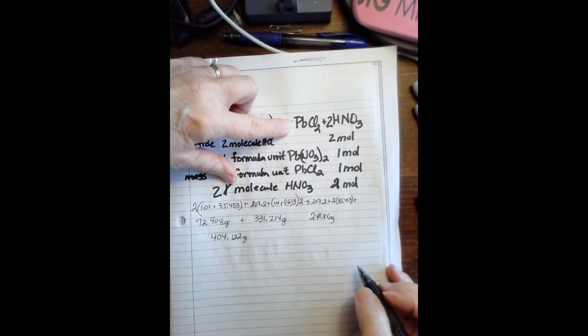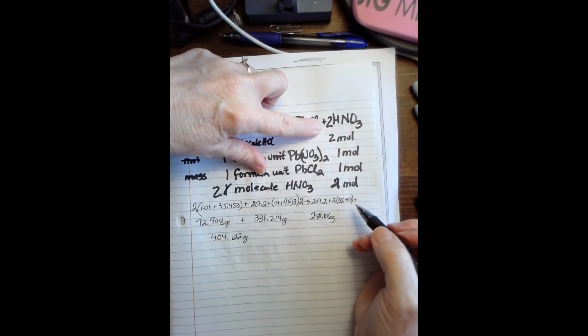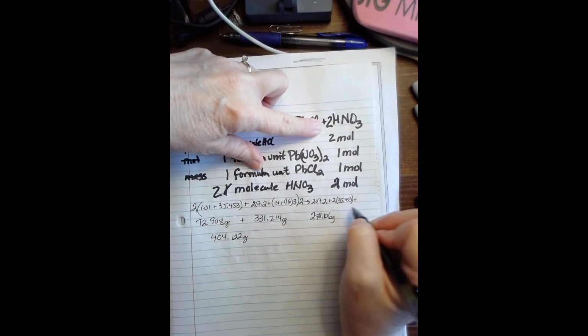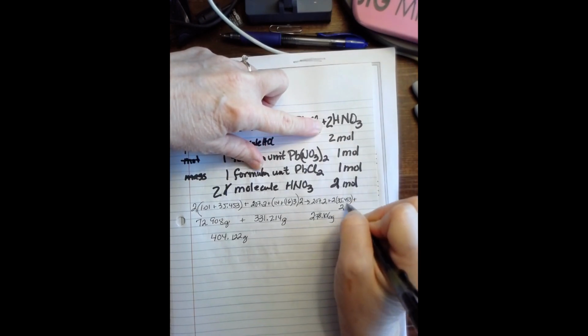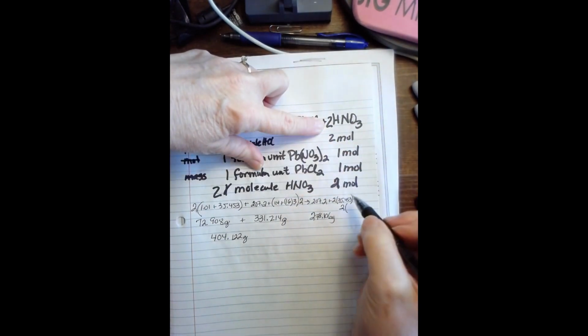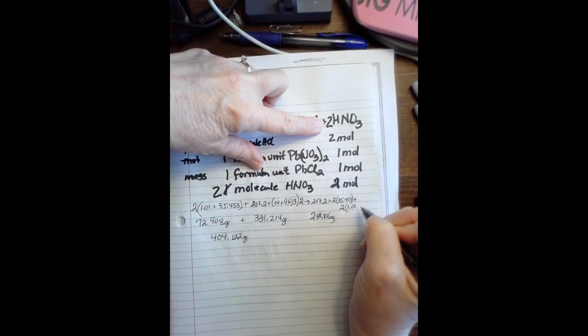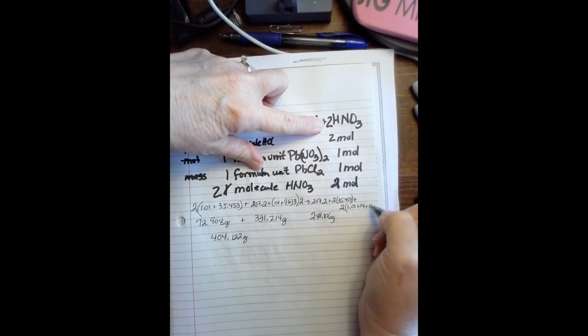And the nitric acid here is, I know I'm writing small, I apologize. Hopefully you can see these numbers. I'm just walking you through the process. So this will be 2 times, and it has to be doubled because there are 2 moles of this. 1.01 for the hydrogen plus 14 plus 16 times 3.